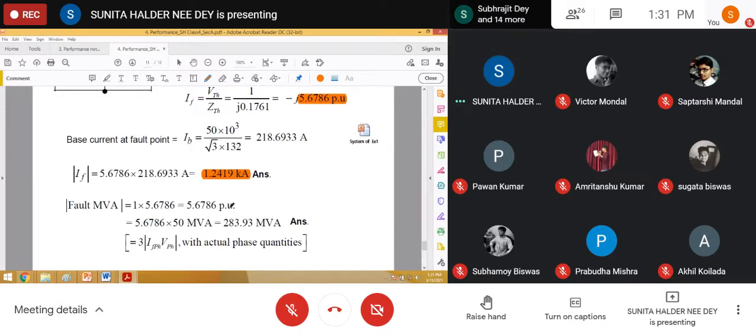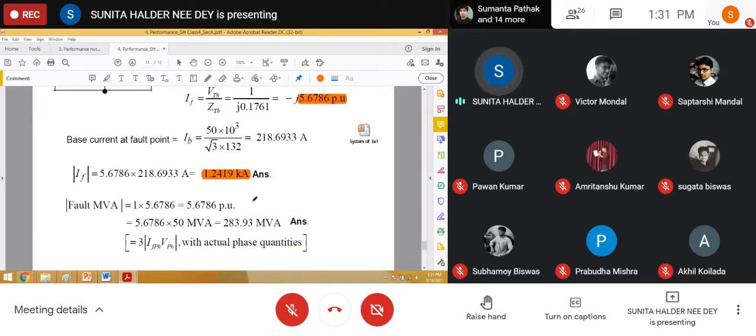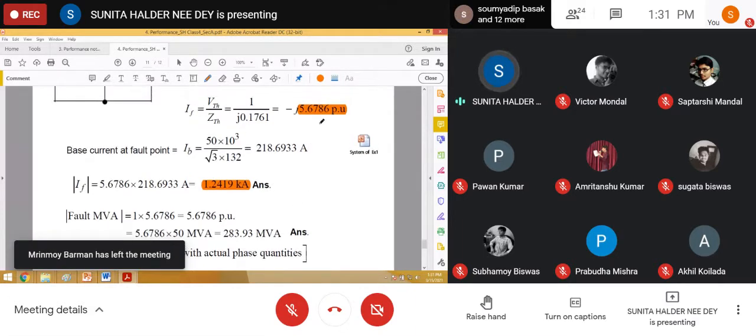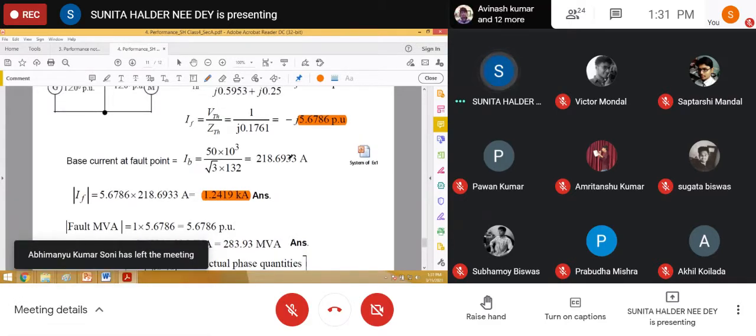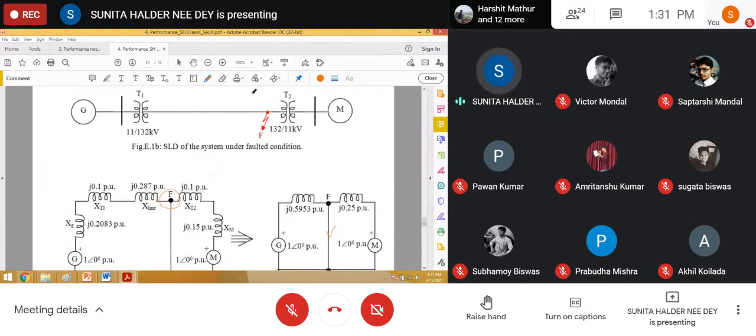Okay. Now the next is the enhancement. So one thing here, why are we interested in the calculation of fault MVA? Fault MVA means actually when there is a fault, this much current will flow through the circuit. So for this fault, if we want to disconnect the faulty section, that means we shall disconnect this portion, after the transmission line.